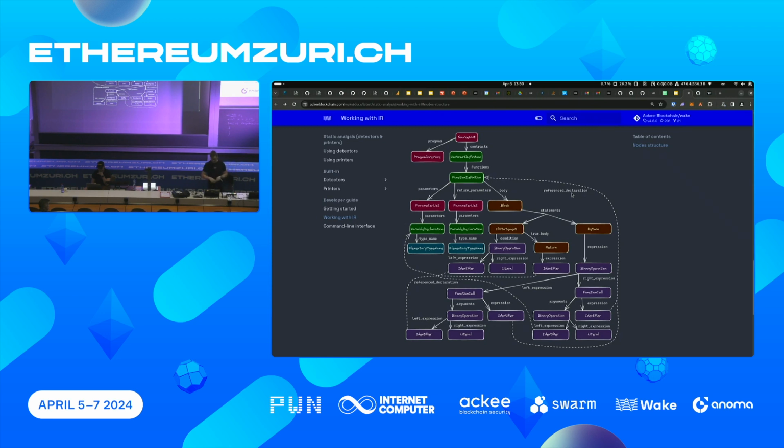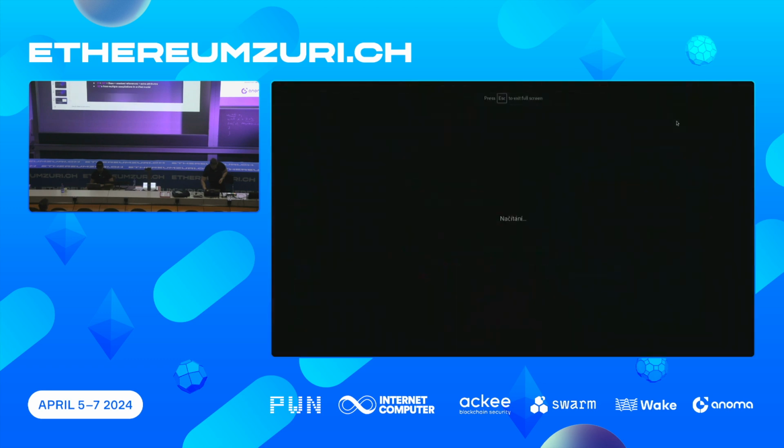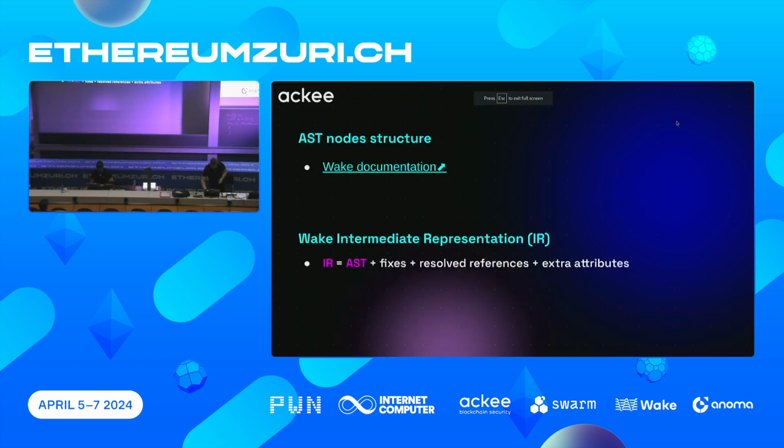But in the case of Wake, those references are automatically resolved, so you don't need to resolve those numbers to nodes. It's all resolved, which is quite nice, I believe. So you've got those references resolved, and there are some extra attributes that are not in the original AST, just because we found them quite useful.